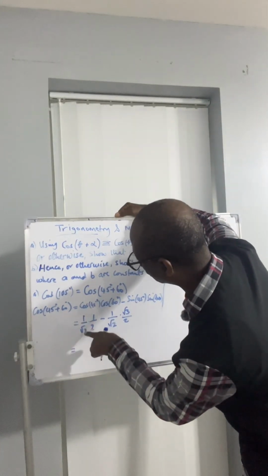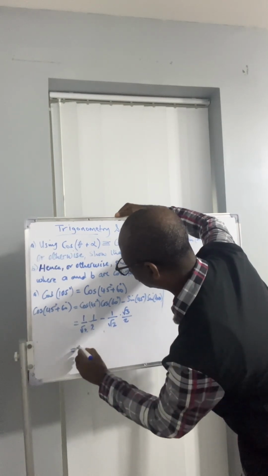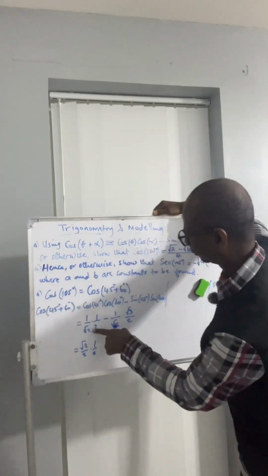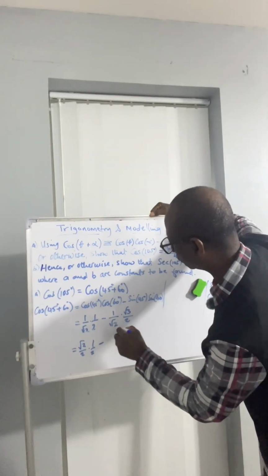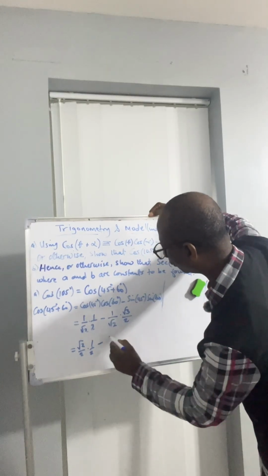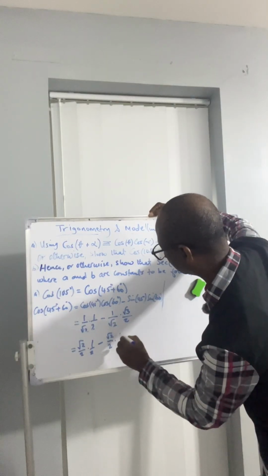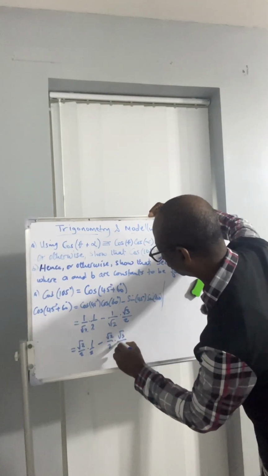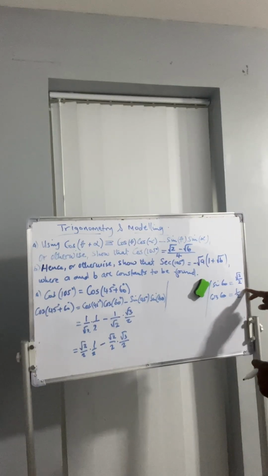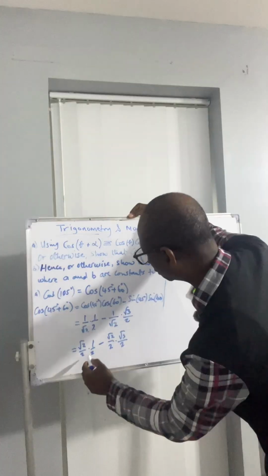If you rationalize this one, this is going to give you root 2 all over 2 times 1/2, minus, you rationalize this one again, root 2 all over 2 times root 3 all over 2. What is sine 60? Yeah, that's fine now.